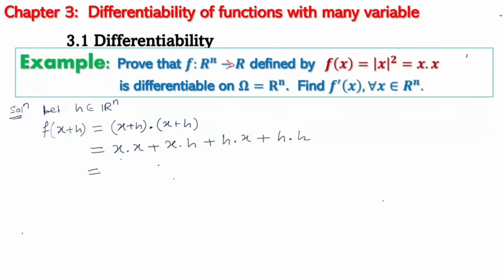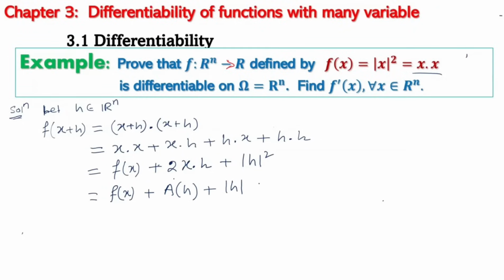So this is equal to x dot x, which is the given function f of x, plus 2 x dot h plus h dot h, which is the absolute value of h whole square. So this is equal to f of x plus A h plus absolute value of h epsilon h.